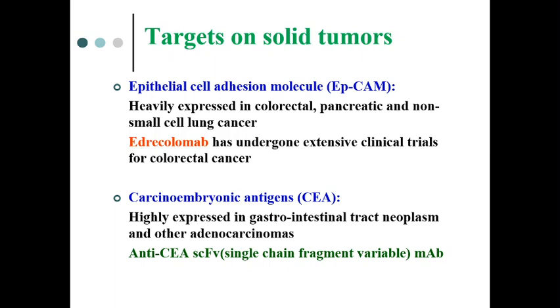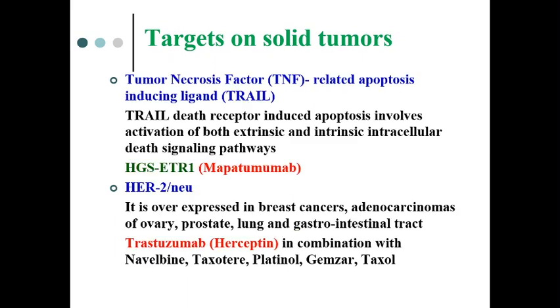This scFv fragment can be conjugated with all types of chemotherapeutic drugs or radionuclides. The colorectal cancer can be brought under control. Even adenocarcinomas can be brought under control by using monoclonal antibodies.